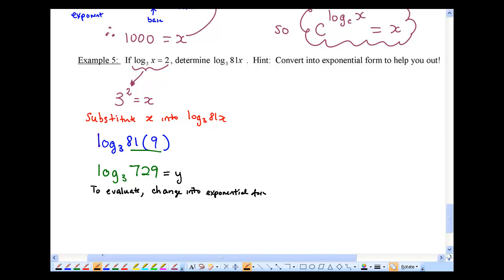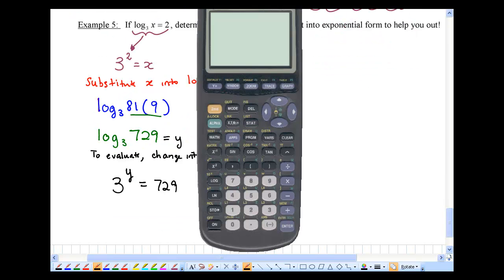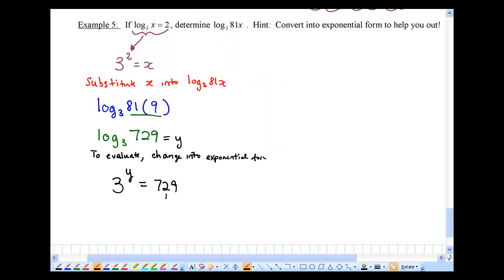And then we have here 3, which is the base, to the power of y, which is the exponent, equals 729. And then you have to figure out what 729 is. So 3 to the power of what? 729? 3 to the power of 5, that's 243. 3 to the power of 6. Oh, there you go. So that's the same thing as 3 to the power of 6. So y equals 6. Done.